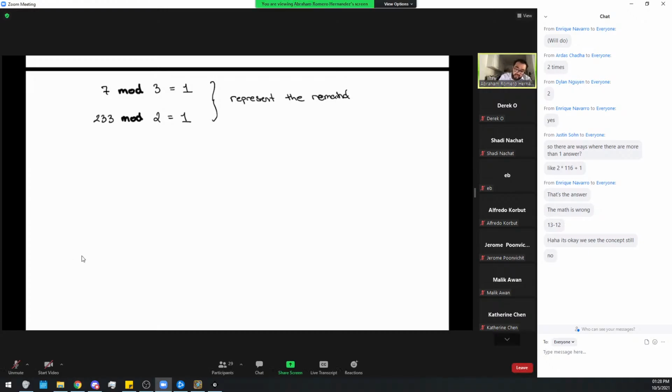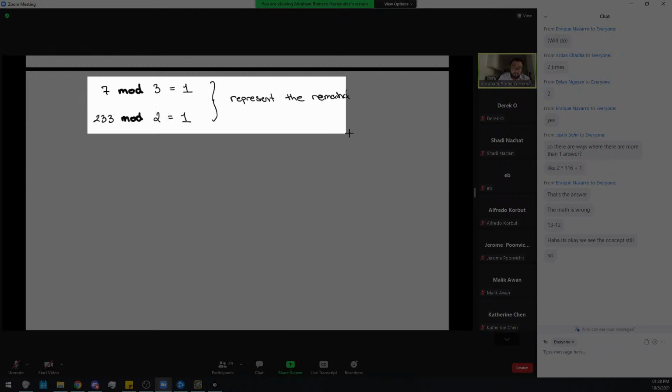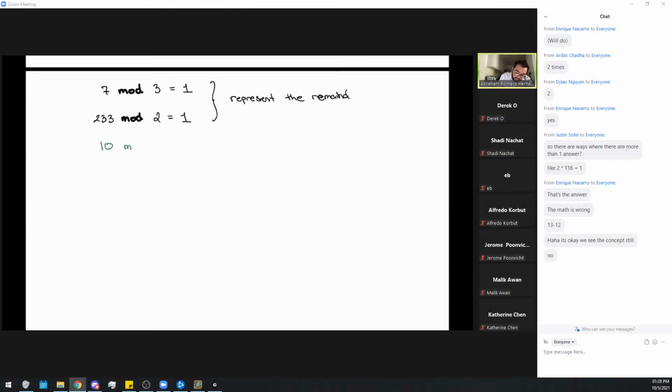So let's suppose I gave you 10 mod 7. If I'm saying what's 10 mod 7 in this aspect, all I'm asking is what is the remainder of that? Well, the remainder, once you divide it, should be 3, right?